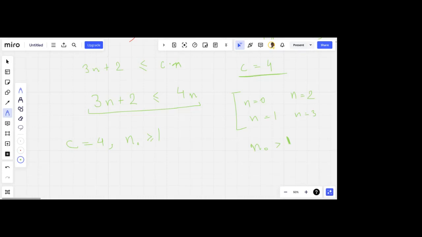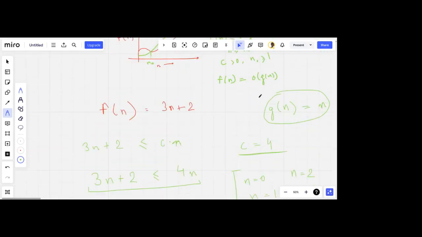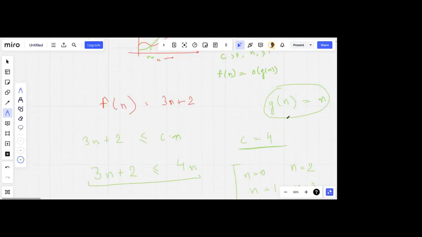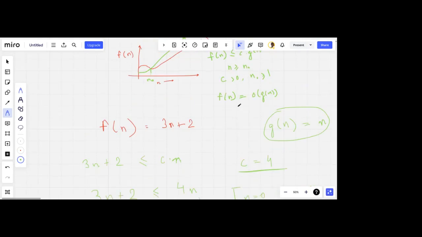If I have found this, then I can directly say that f of n is nothing but big O of n. Is it clear? Because g of n was n, whenever I find something like this, I can directly say f of n is equal to big O of g of n. Is it clear, guys?